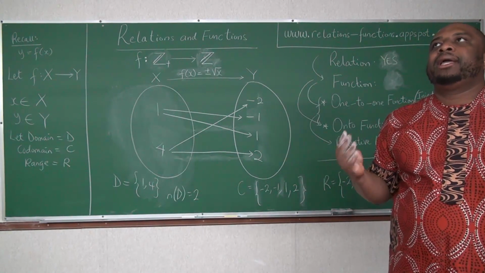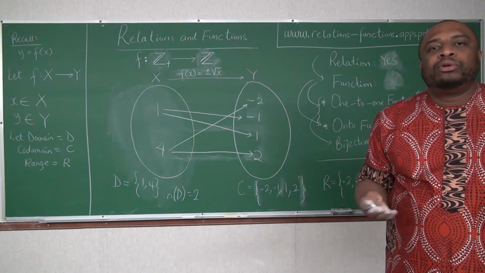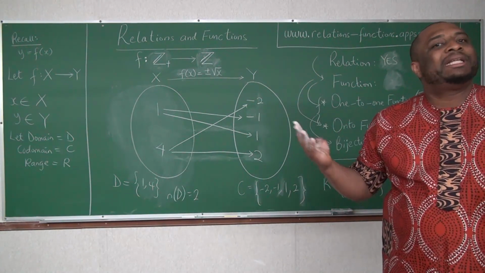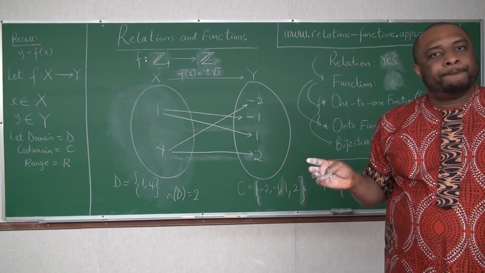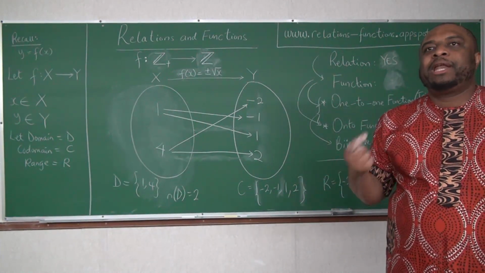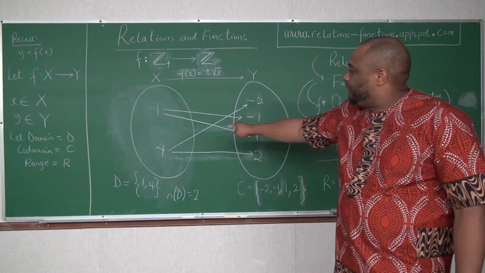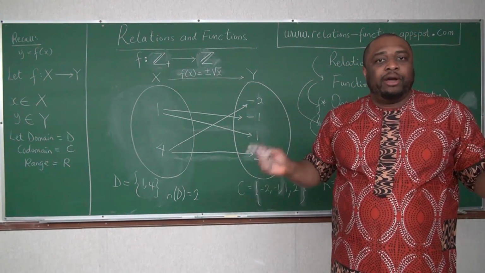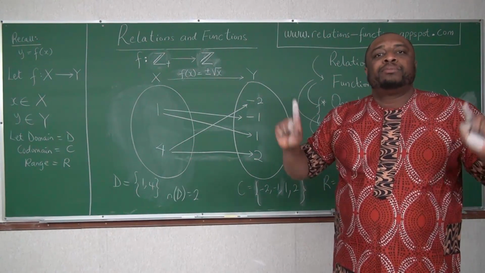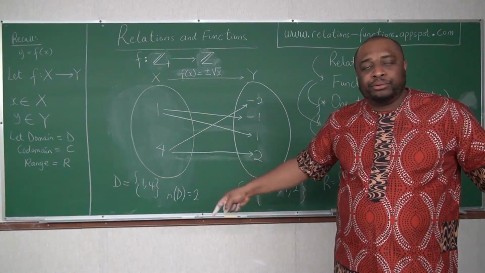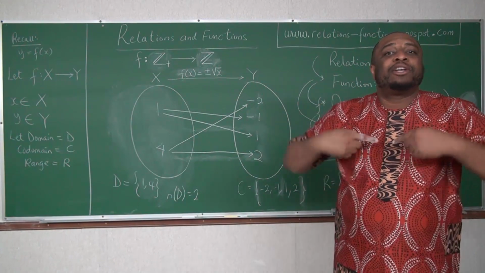Meaning that we can have two inputs with the same output, no problem. But we cannot have one input with two different outputs. For a relation, we don't care. With a relation, an input must have at least an output. We don't care whether the input has 100 outputs.